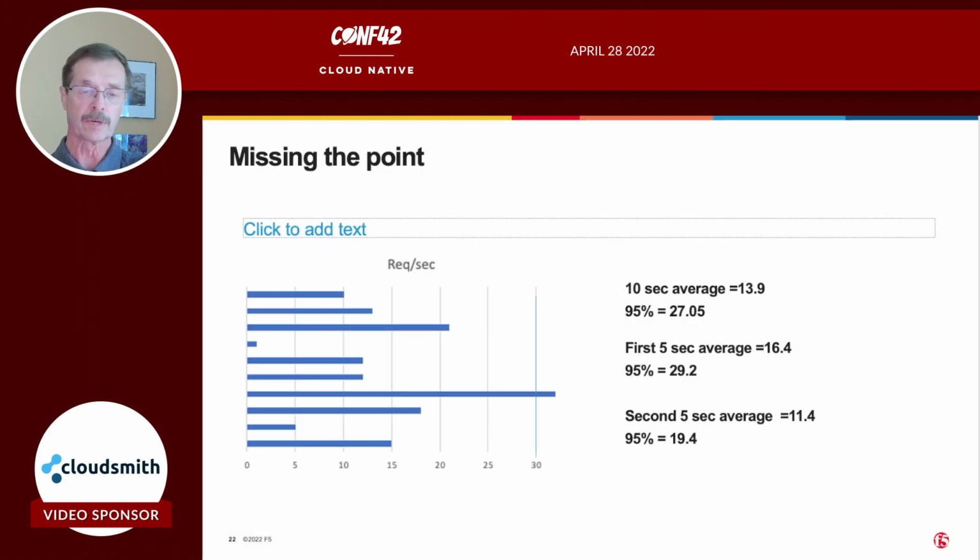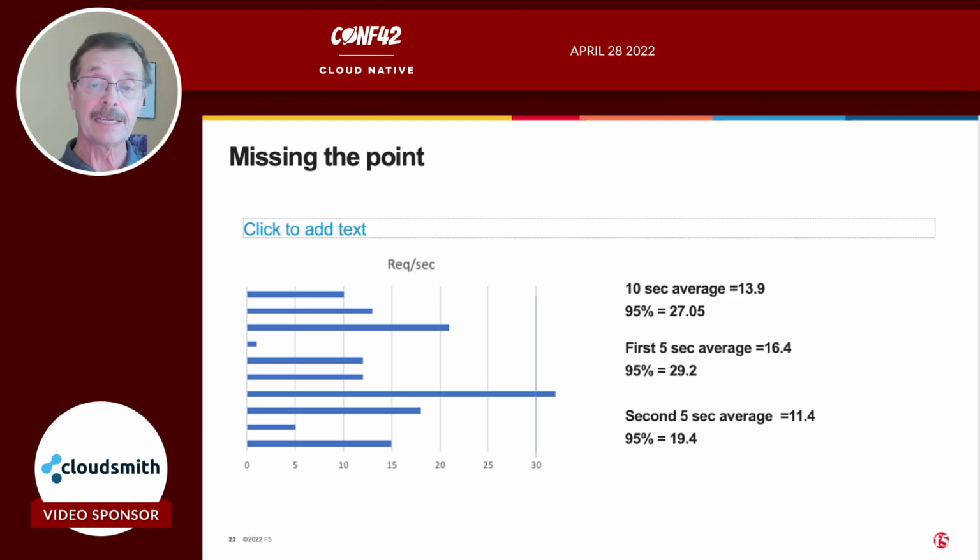So here's another example. What this is looking at is the number of requests per second going through a system. So this one is not duration based. This is literally the number of requests going through here. And as you can see, over the first 10-second viewpoint, my aggregations are going to happen.